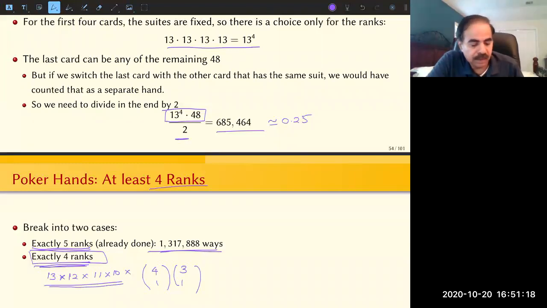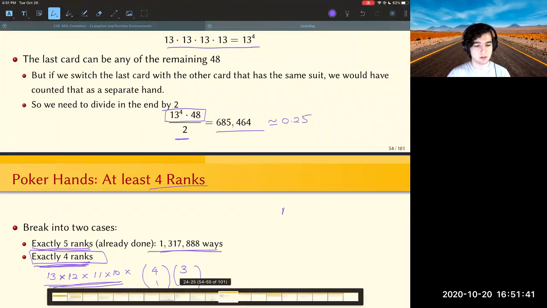So this expression says it's not counting a set. It's counting like a permutation. So we need to say that we are choosing the 4 ranks. So instead of this number, we should divide by 4 factorial.